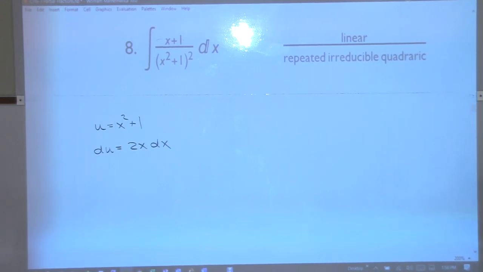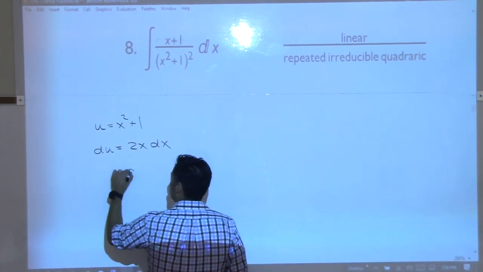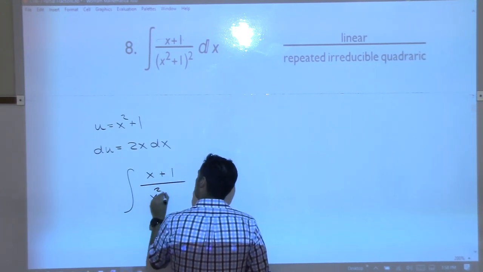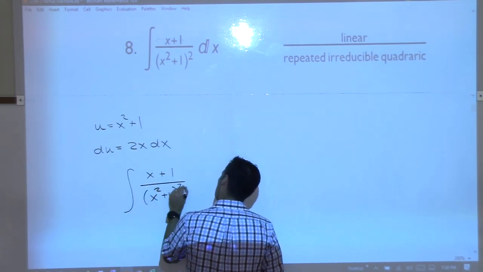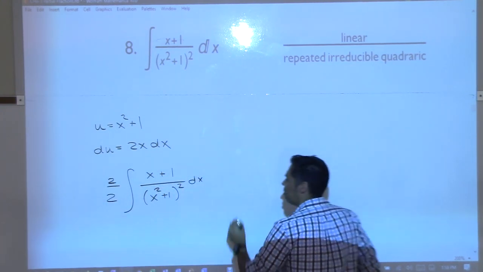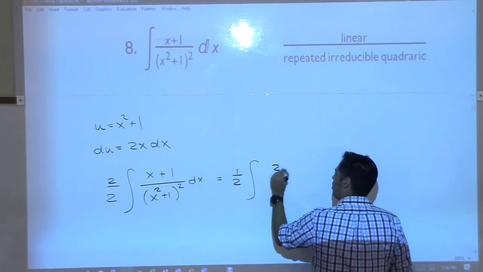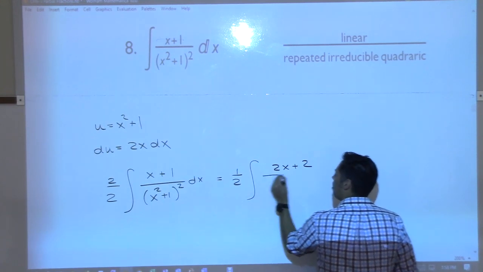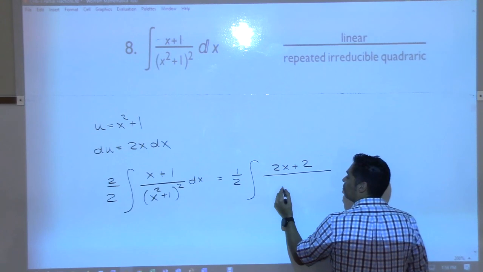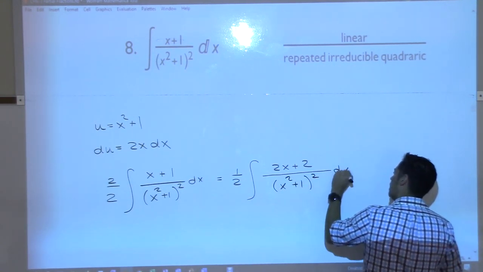So let's make the top 2x. To do that, I'm going to have to multiply by what out front? 2 over 2. Let's pass the 2 through the top, which will leave us with a half out front. And we get 2x plus 2 on top, and then over the x squared plus 1, that quantity squared, dx.